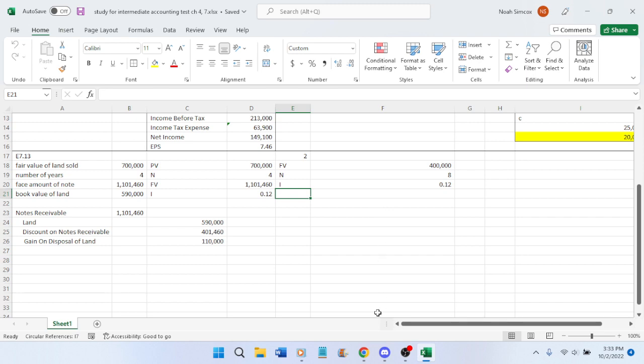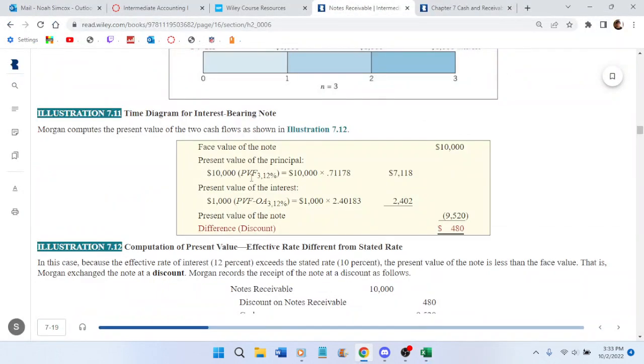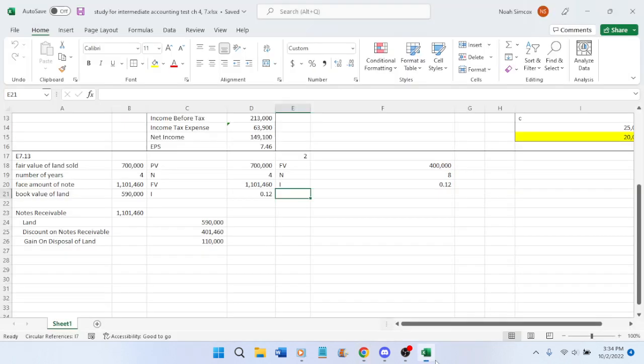Do I need anything else? Because what they did here is they have future value for a number of years and the interest rate. Is that all the things I need? Present value. Now, the way to do it is you go like this.